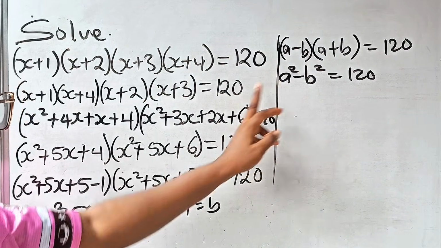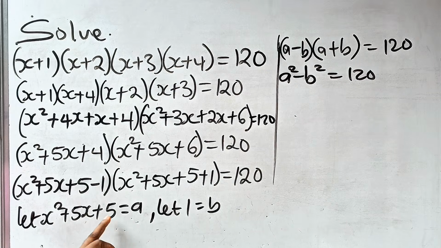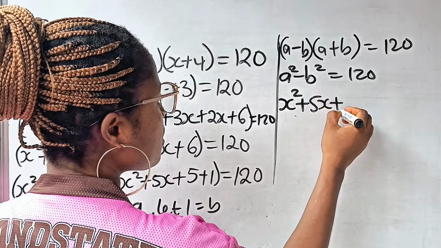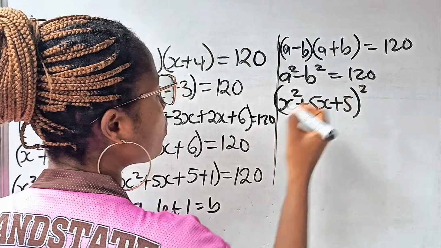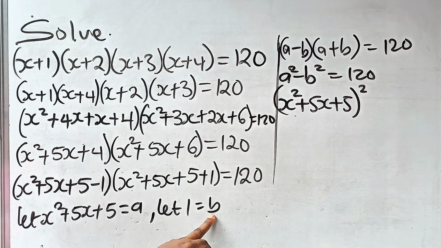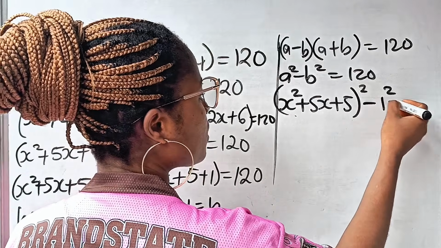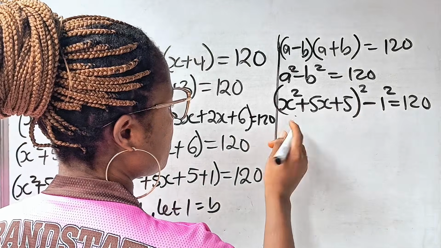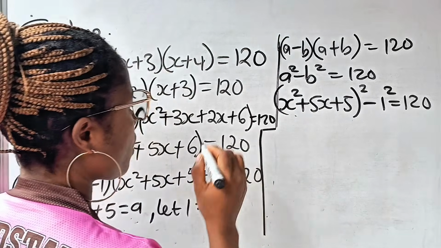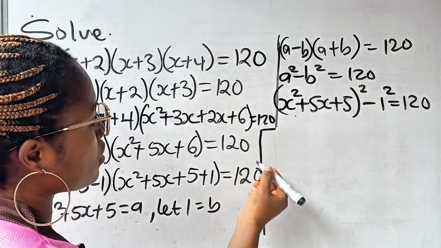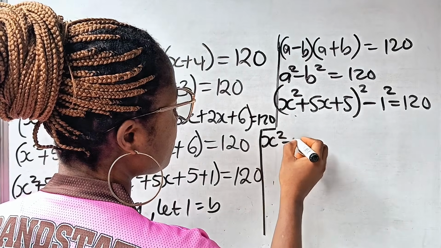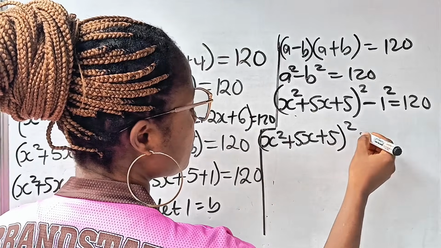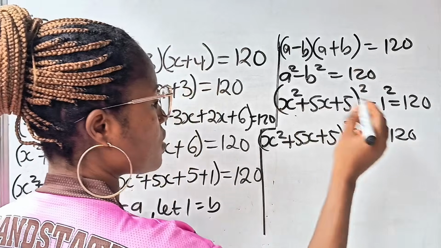So let's bring in our A. Our A is x squared plus 5x plus 5. So we have x squared plus 5x plus 5 all squared minus B squared, which is 1 squared, is equal to 120. So this is the same thing as x squared plus 5x plus 5 all squared minus 1 is equal to 120.